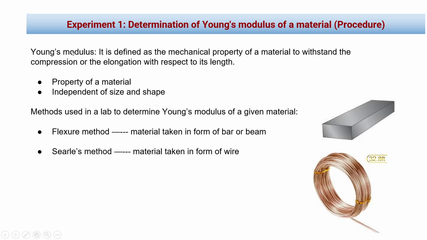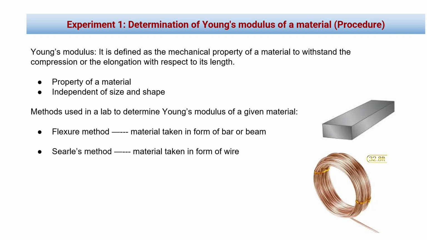This is a constant for any particular material. If something is made of copper, the Young's modulus will be the same, no matter if that material is in the form of a wire, a cube or a sphere. So Young's modulus is a constant which is the property of a material.